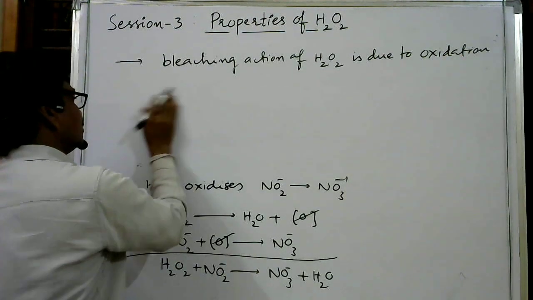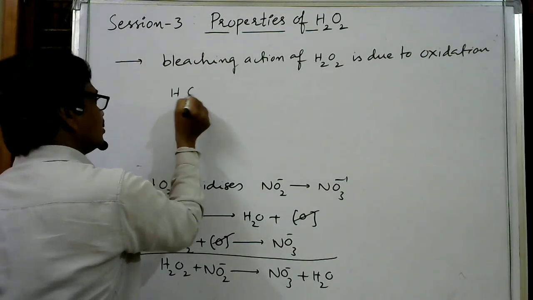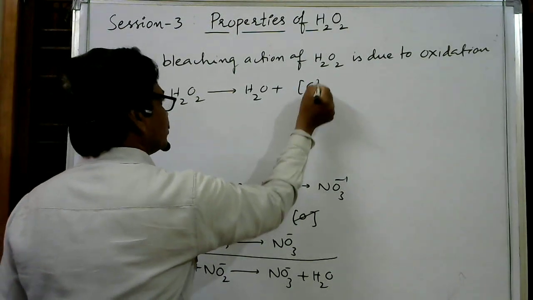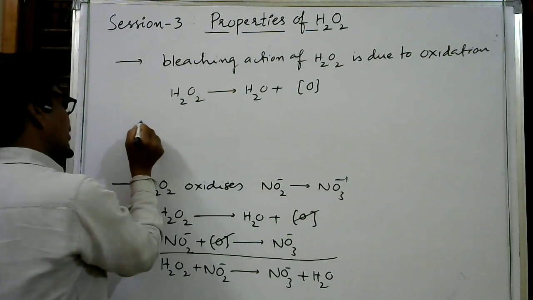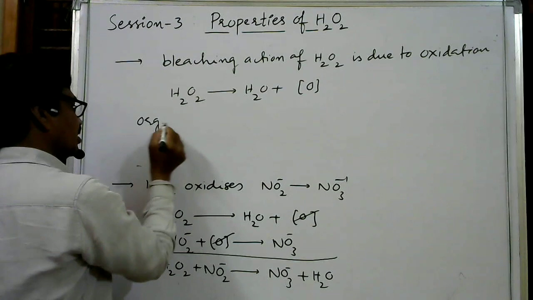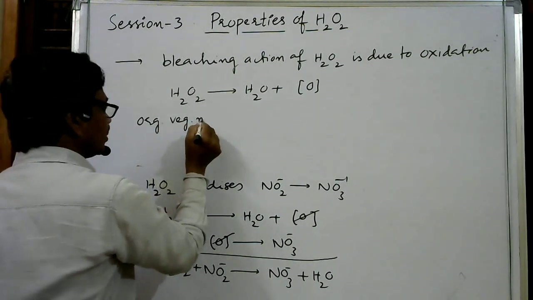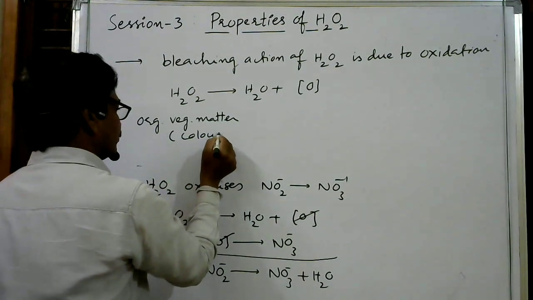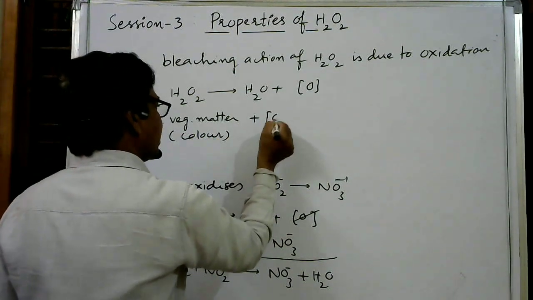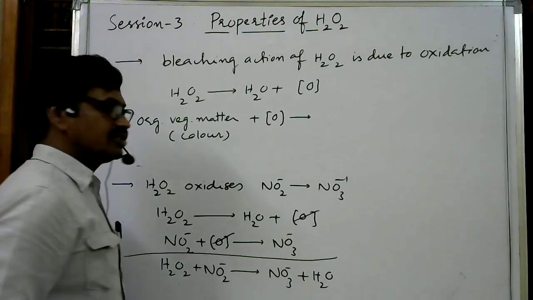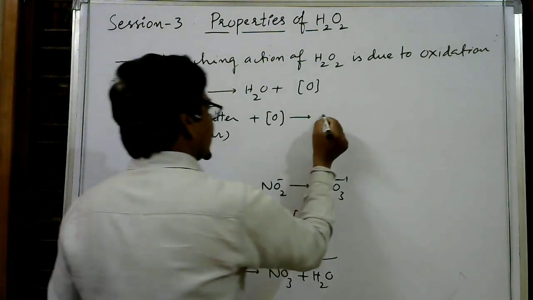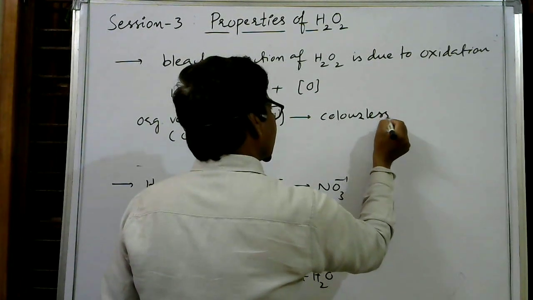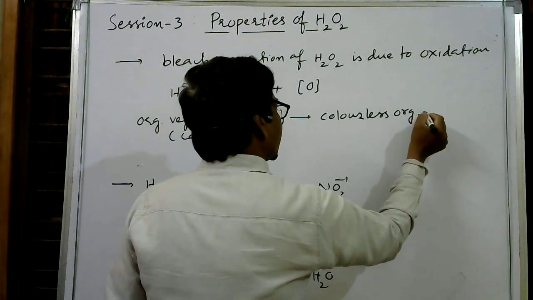See here, hydrogen peroxide, same as this, I am writing H2O plus this nascent oxygen. Then here, organic vegetable matter, which contains some color. So when this nascent oxygen is added to organic vegetable color matter, then we get colorless organic matter.